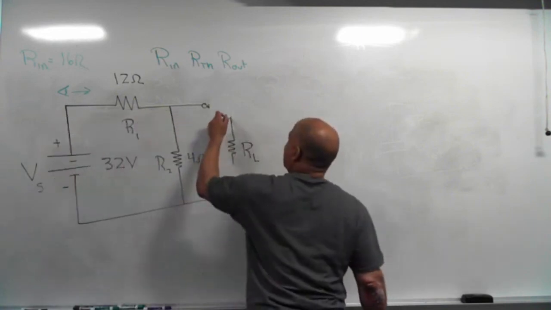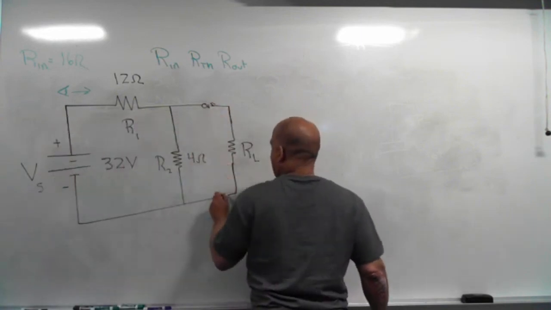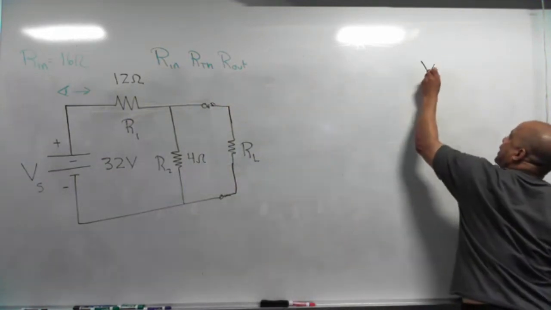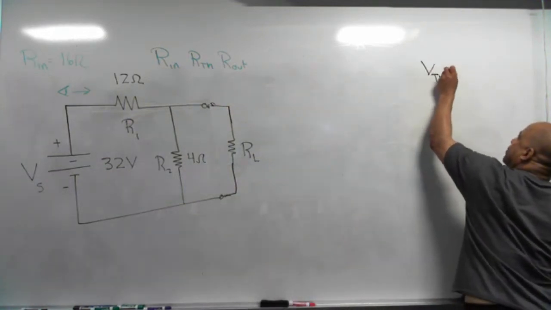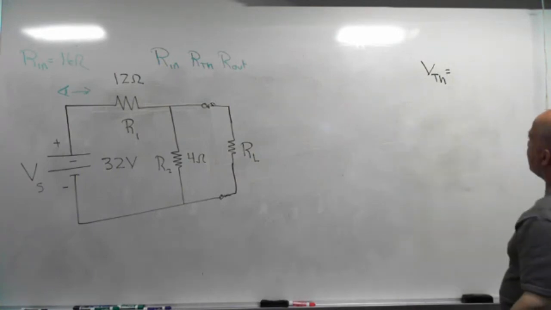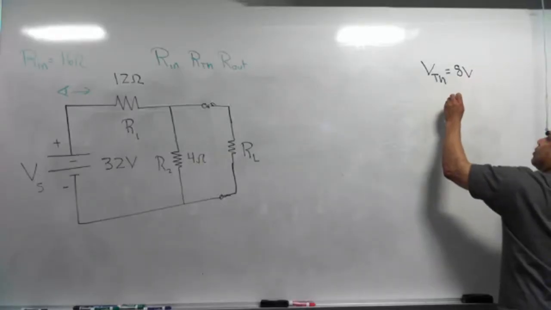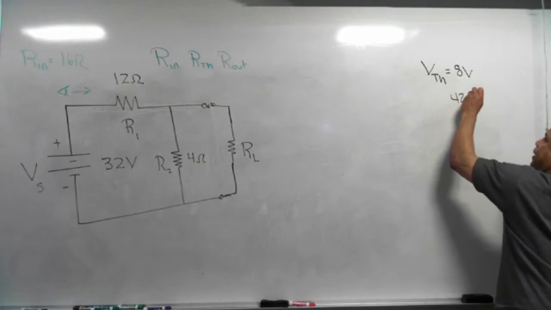Now what I want to do is Thevenize the circuit. So if I Thevenize this circuit, let me ask you, did anybody get a value of VTH? What did you get? I said 42.8 volts. You got 8 volts. You got 42.8 volts.